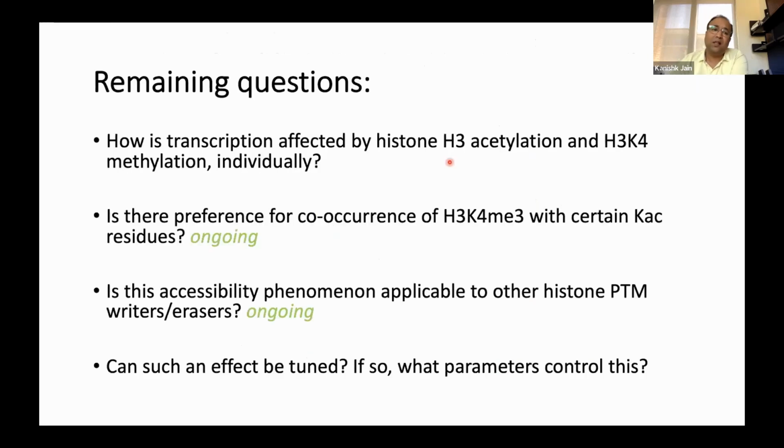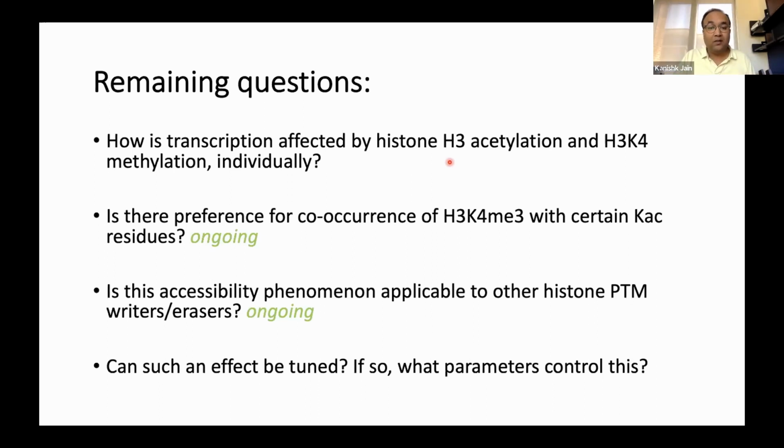So there are still a lot of remaining questions that we're trying to address at the moment. Namely, most of the stuff I showed you is just biochemical observations. And so we want to see how H3 acetylation and methylation affect transcription individually. If you decouple acetylation and methylation, what happens to, say, the transcriptional profile in cells by doing RNA-seq.